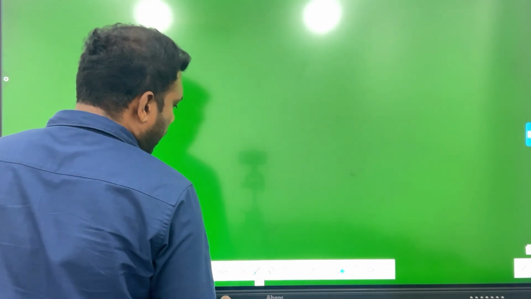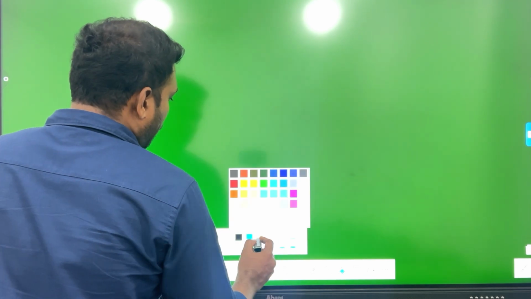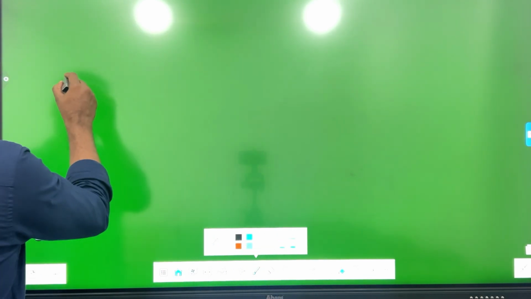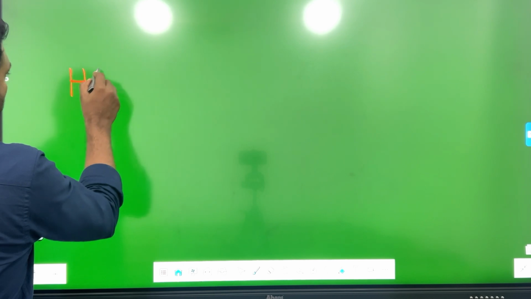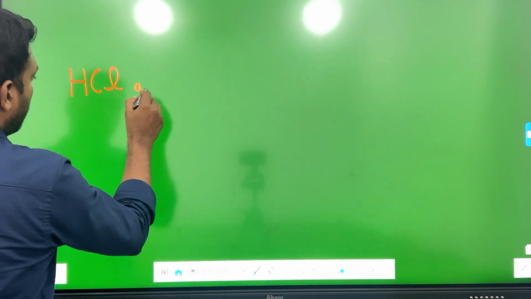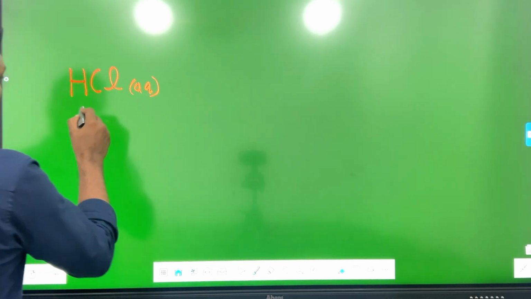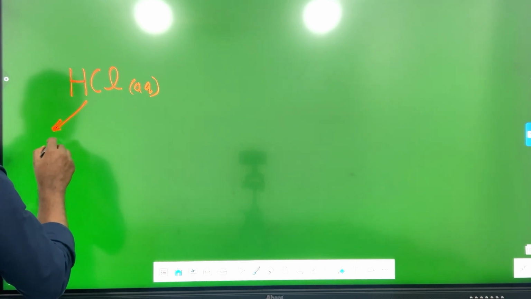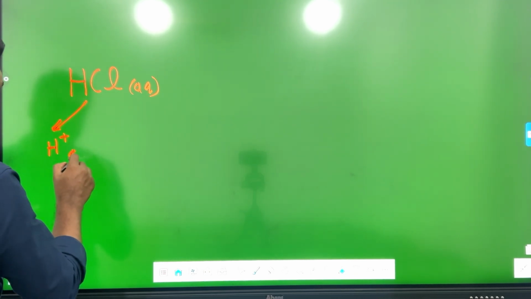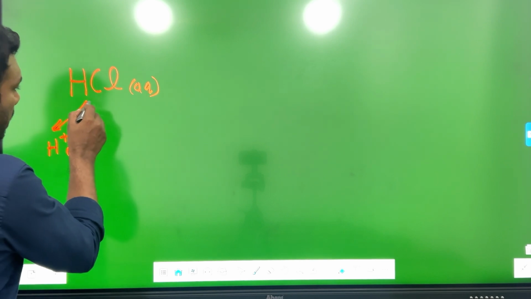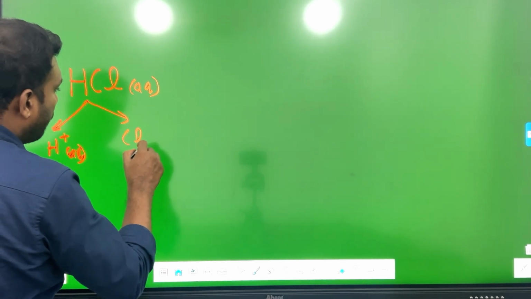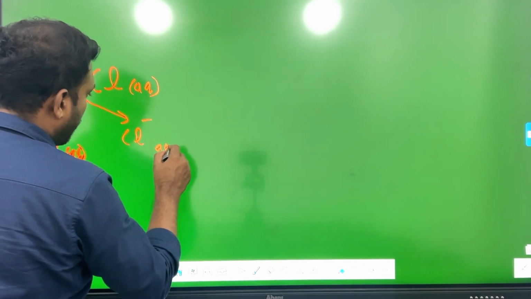the aqueous medium. So if you talk about an acid like HCl, it will be ionized in the aqueous medium to release H plus ions to the aqueous medium and the corresponding negative ions into the aqueous medium.